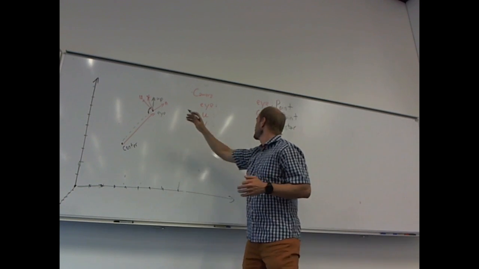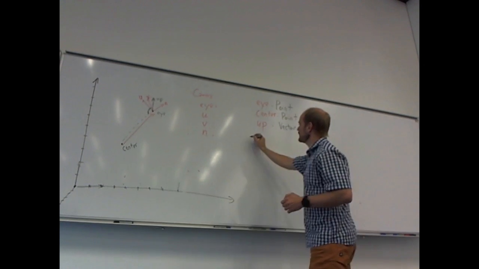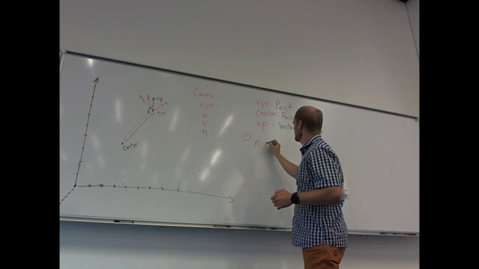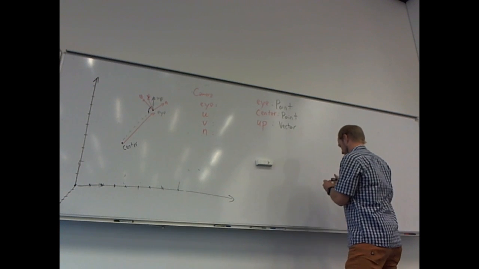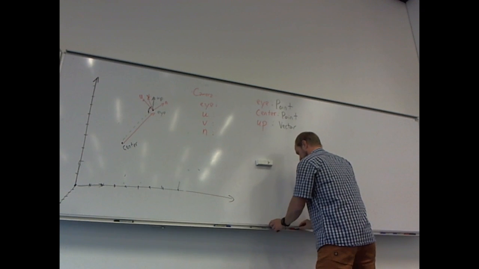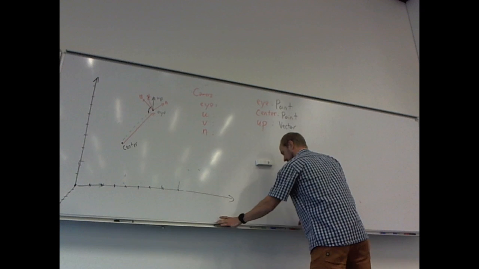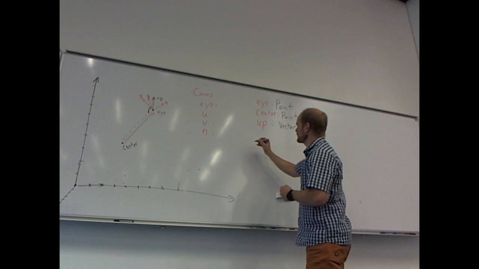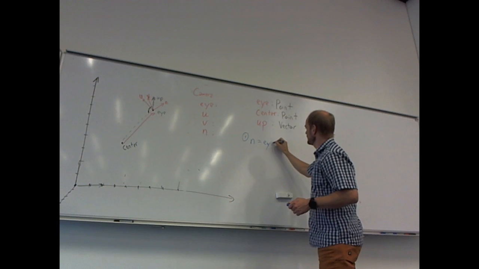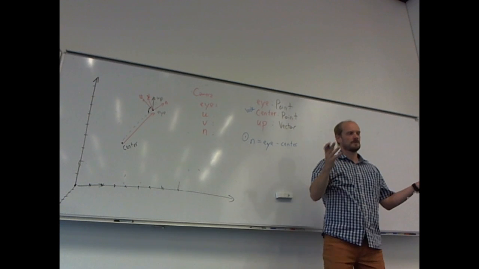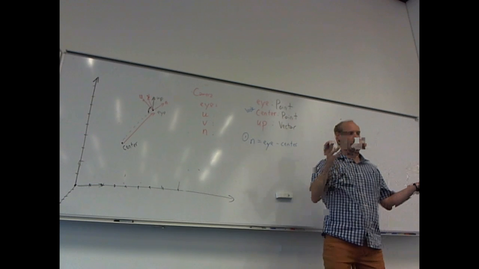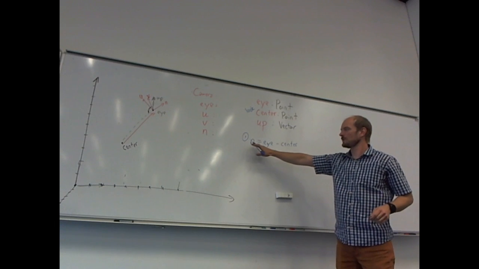But for now, we can say step 1, n equals I minus center. In some cases, I call this center point look. So look or center, I minus center, then we have n.